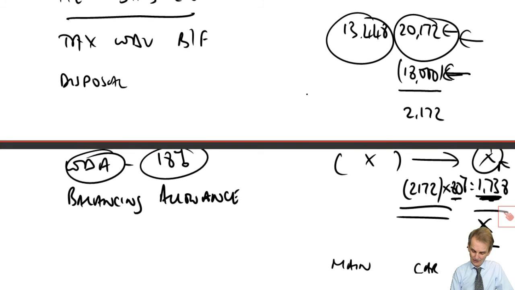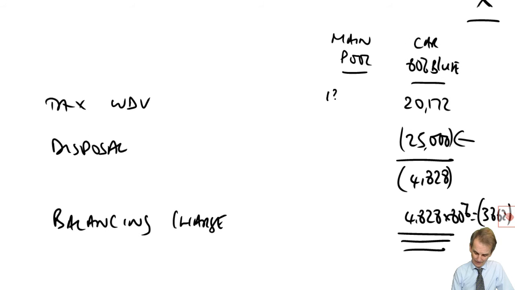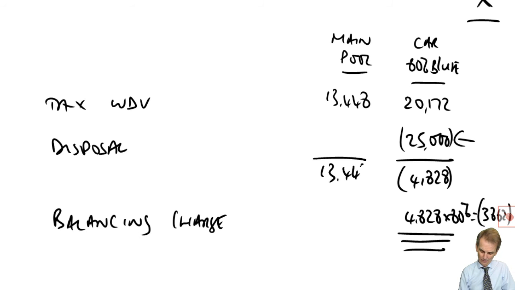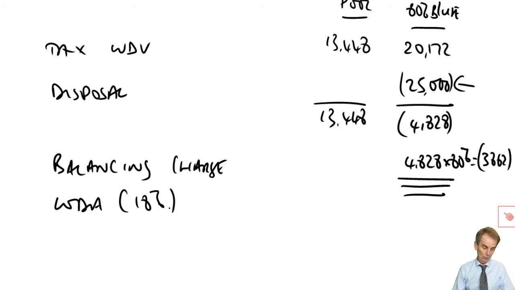What was that? 13,448. We've had our disposal. We've still got 13,448. On it, we have a normal writing down allowance. That writing down allowance is your standard 18% on your main pool.